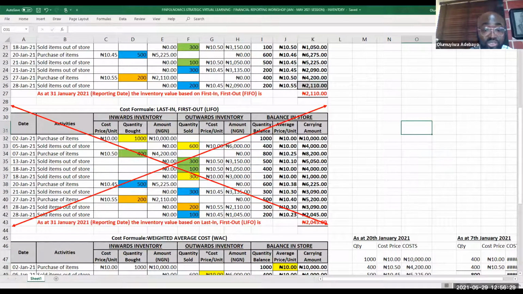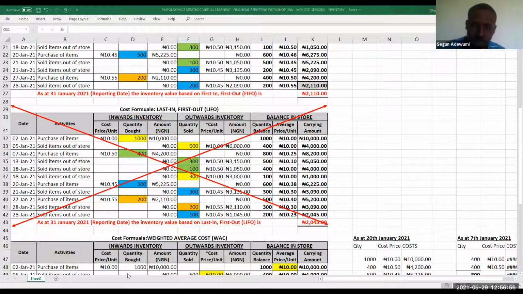I'll put it there for us so that nobody misses it out, that this is not permitted under any circumstance. Any other question before we move further?